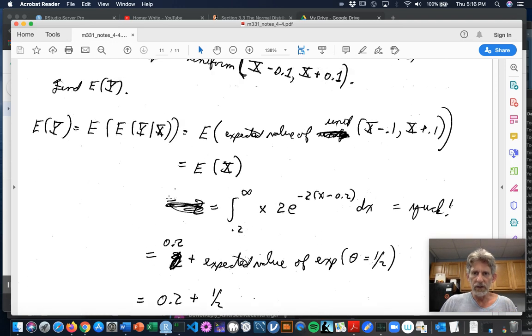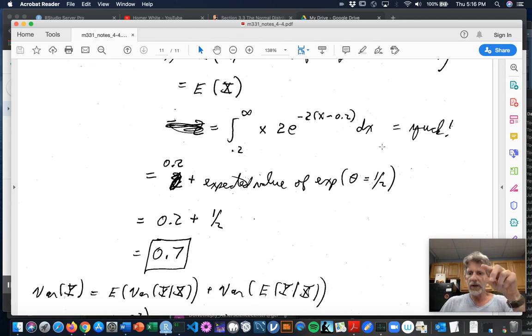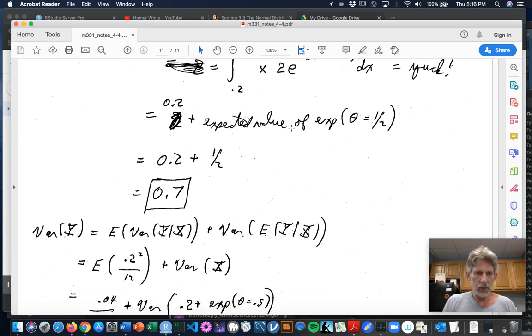Y given x is a uniform. And remember, the variance of a uniform is high minus low squared over 12. High minus low this time extends 0.2. Something plus 0.1, something minus 0.1. 0.2. Square it over 12.